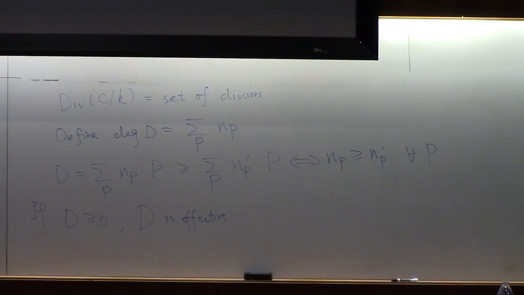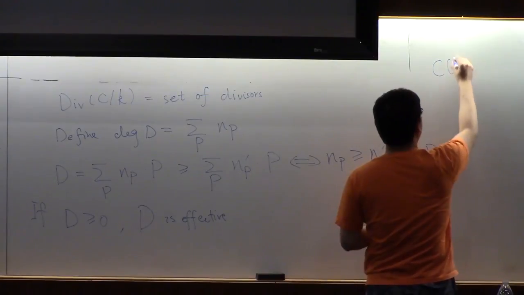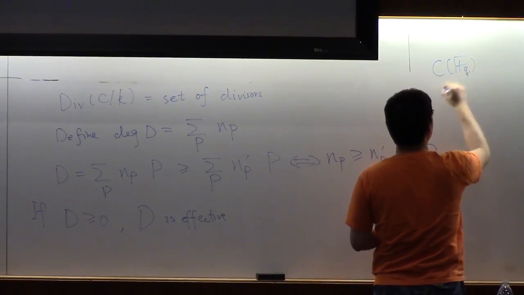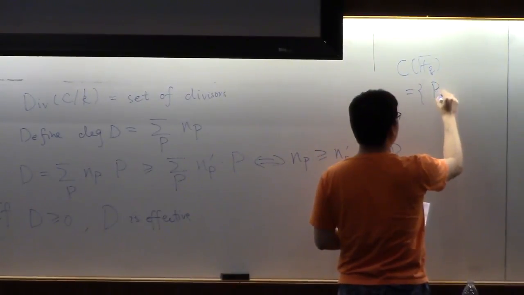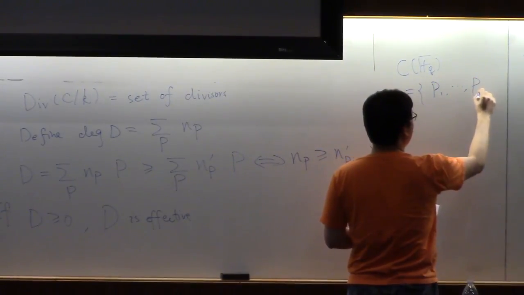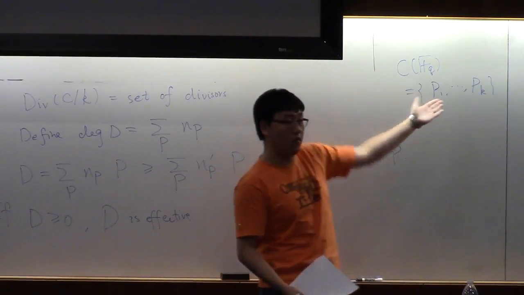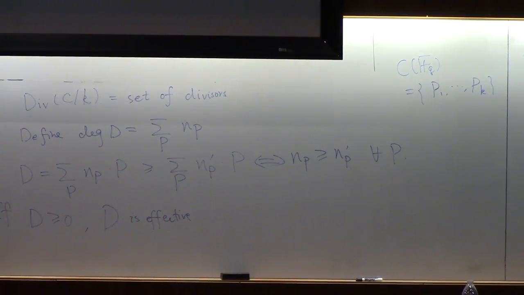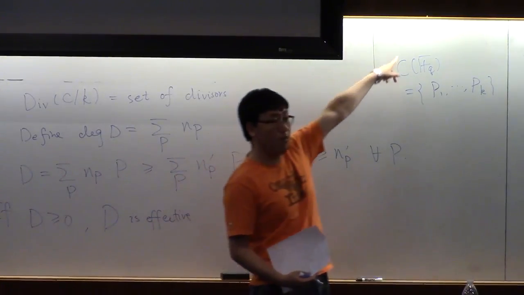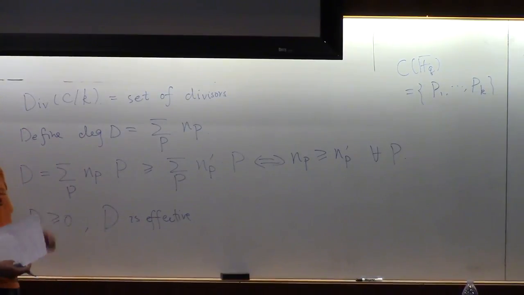For example, if I know that the F_q-rational points on the projective curve C are given by P1 to Pk, I know these points, and then I can take the formal sum of these points, and it gives you a divisor. And if I want to count the number of F_q-rational points of the curve C, then you just compute its degree. Okay?